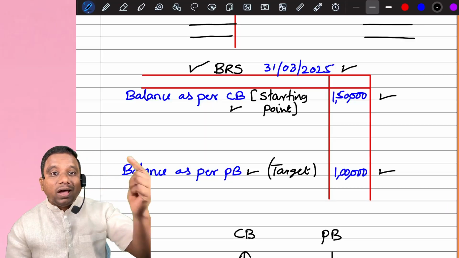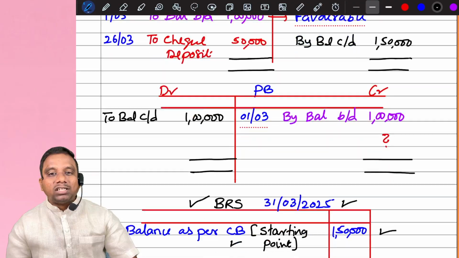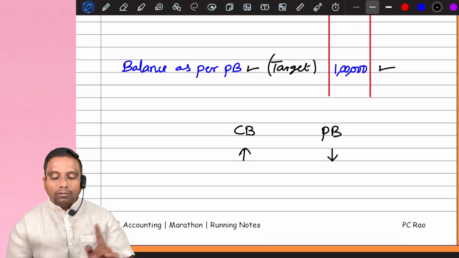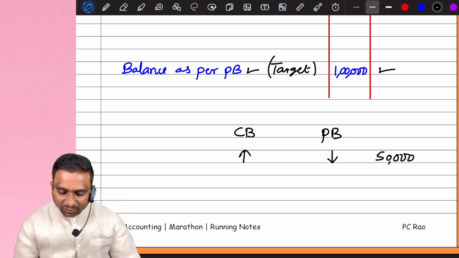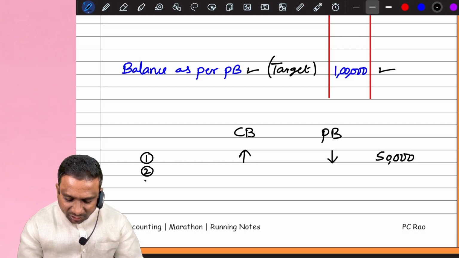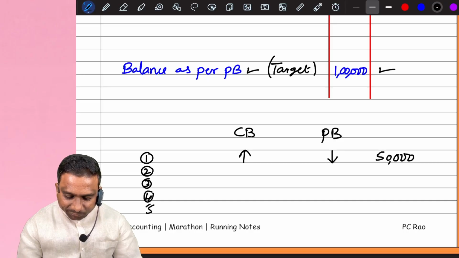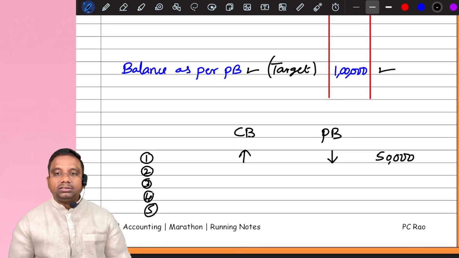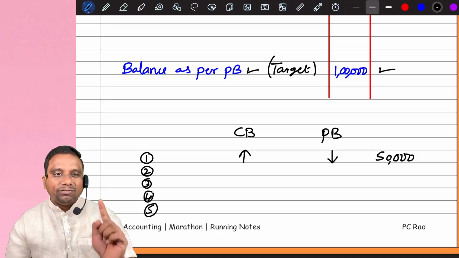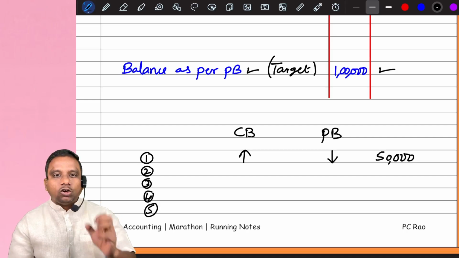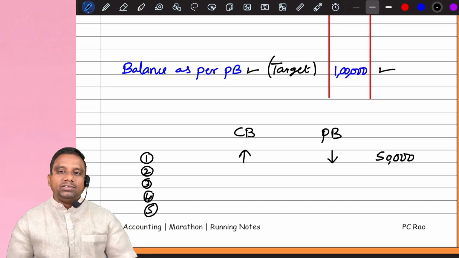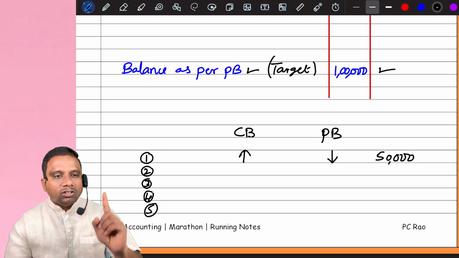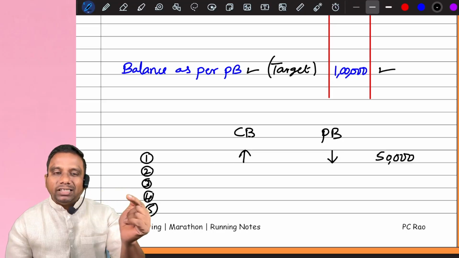I repeat, compared to cash book, the passbook balance is less by 50,000 rupees. Like this, each cause, each effect is seen like this. This is the first one. So in the examination, suppose you get 10 causes, you have to observe all 10 like this. Very, very important. So what is the first step? Check in which book it is recorded.